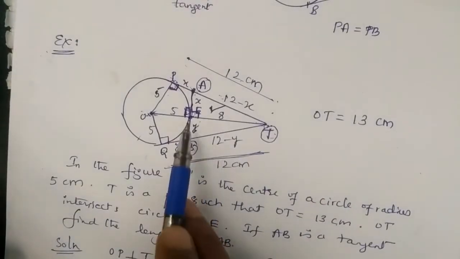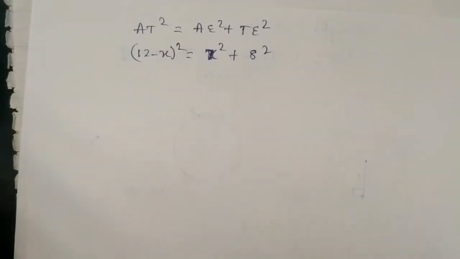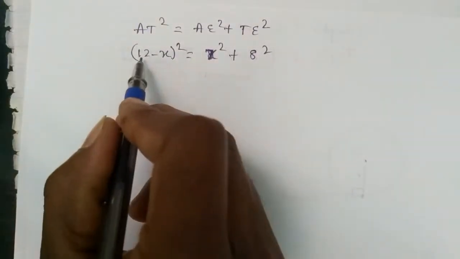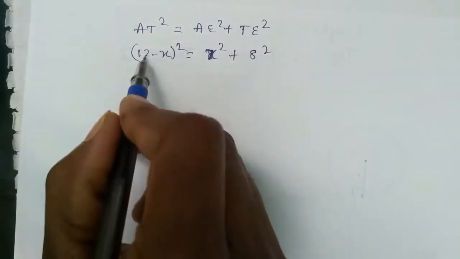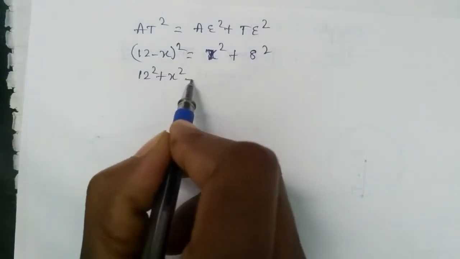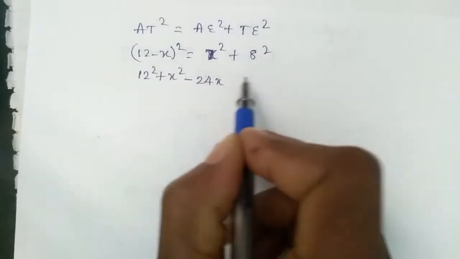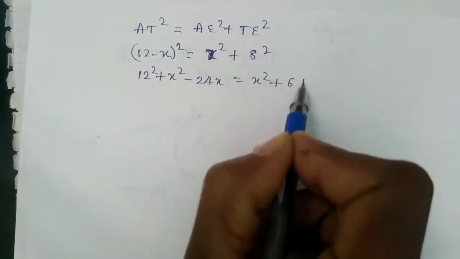Look at TE is 8, AE is X, then this is 12 minus X. Now we expand this one by using (a minus b) whole square: a square, that is 12 square, plus b square X square, minus 2ab, 2 into a into b, that is 24X, equal to X square plus 64.